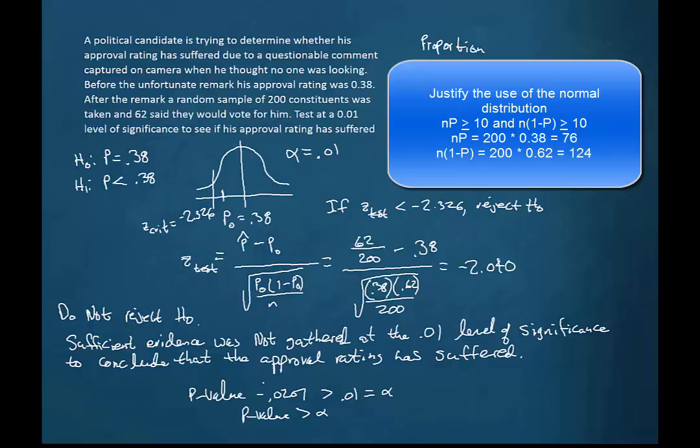Now, if this candidate is out trying to drum up contributions for his campaign, he needs to be able to show that his approval rating has not suffered and that he is a viable candidate. So using the 0.01 level of significance, the conclusion was not drawn that his approval rating had suffered.